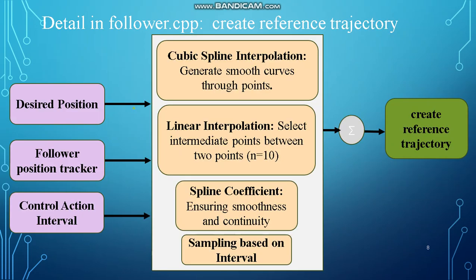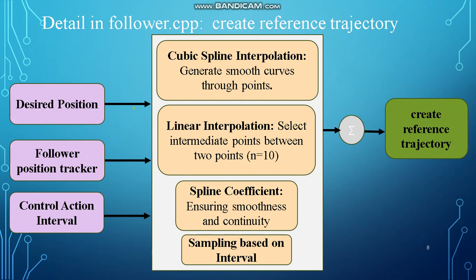I will give you some details about the structure that I use in each of the previous slides. For example, in this slide, I give you the create reference trajectory detail, in which I use some inputs for this method, such as desired position, follower position tracker, and control action interval.